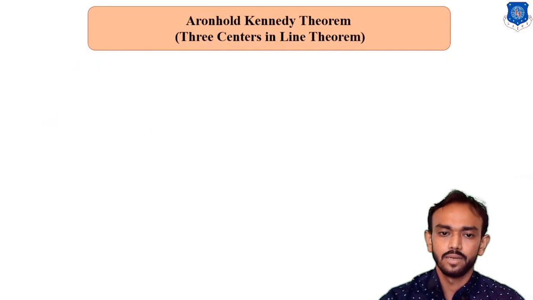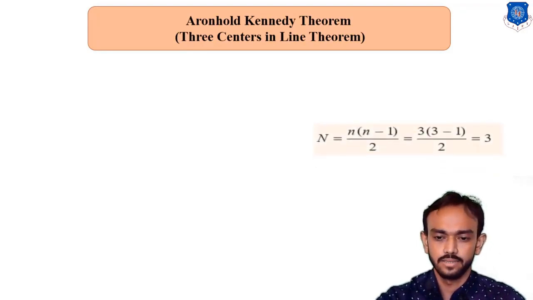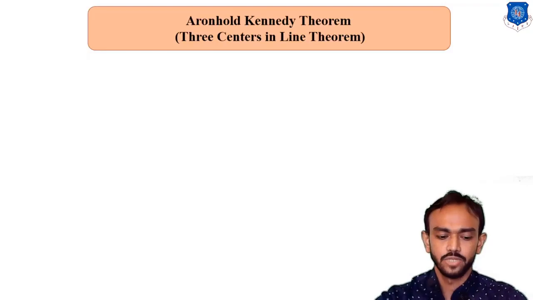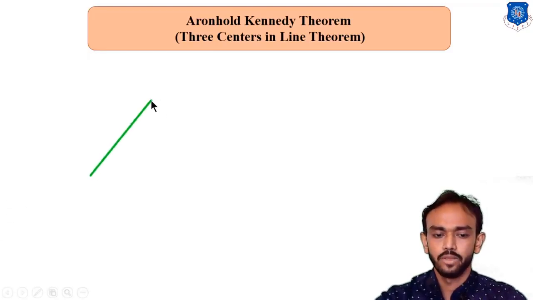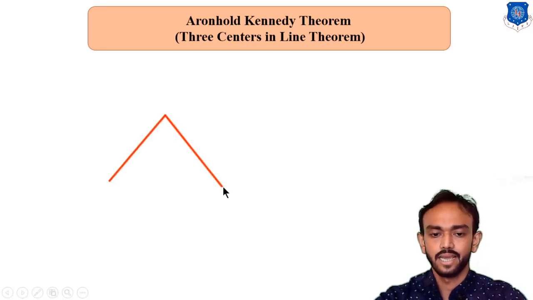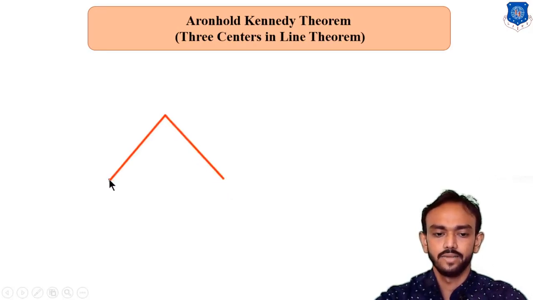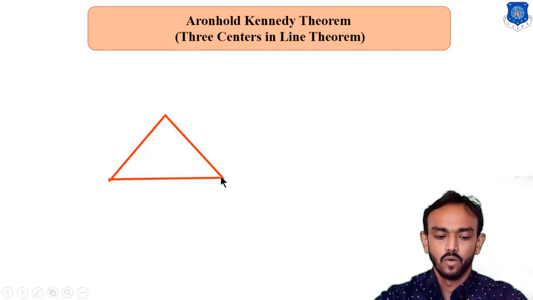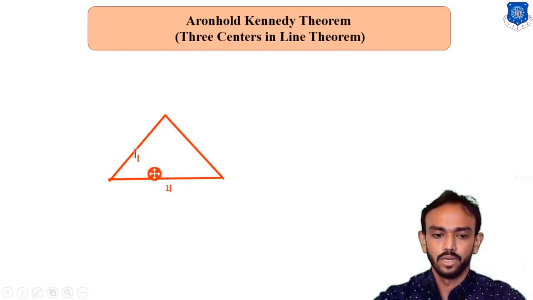Now we are going to learn the Aronhold-Kennedy theorem, which is very important. There is no long derivation, it is a very simple theorem. If I give you one example: 3 links connected in this way, making a triangle. This is link number 1, link number 2, and link number 3.